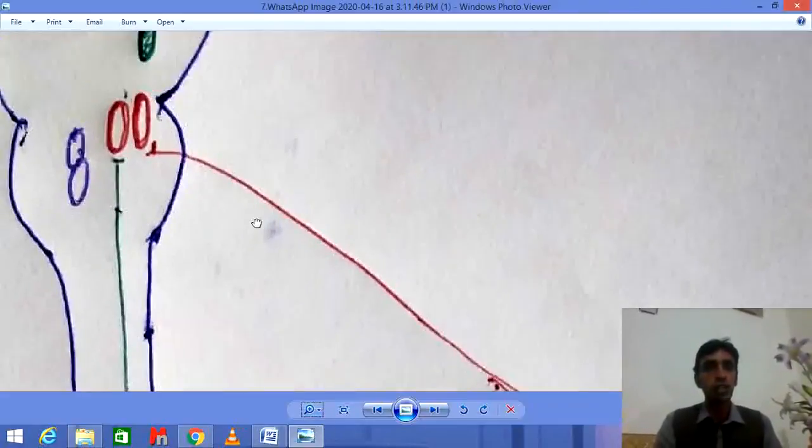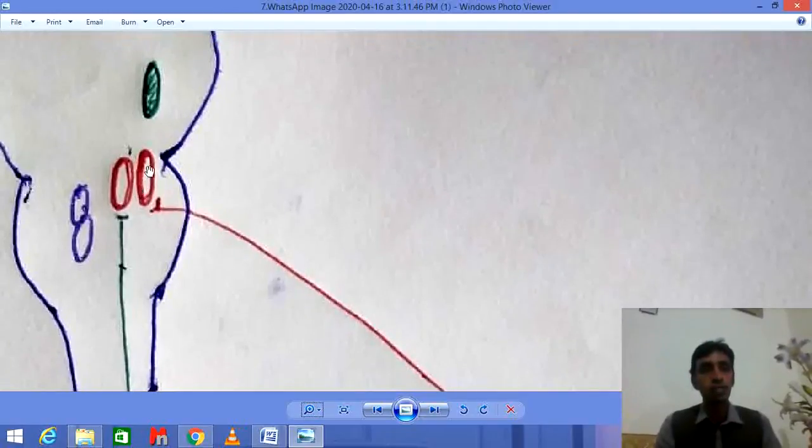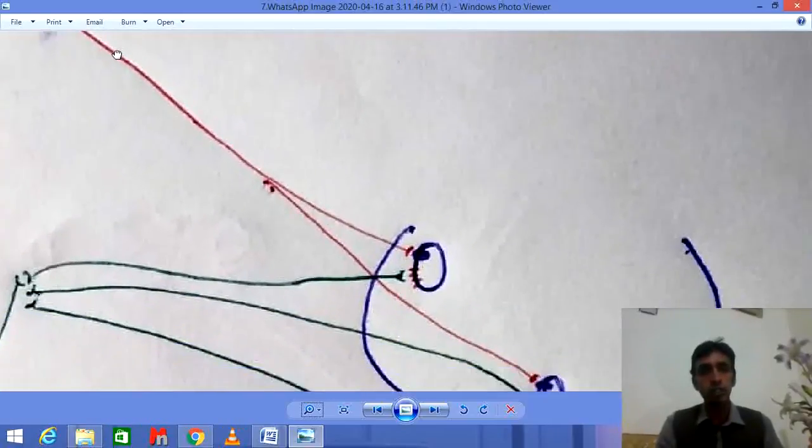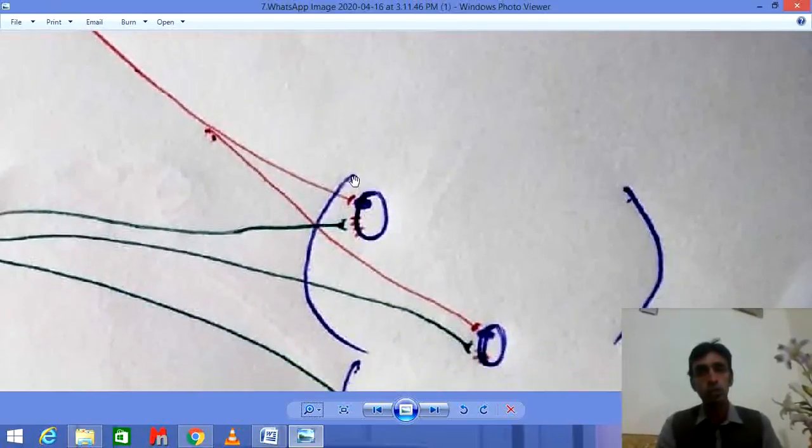When this gets activated, this will transmit the information directly towards the heart, towards the SA node and AV node. This is AV node and this is SA node.